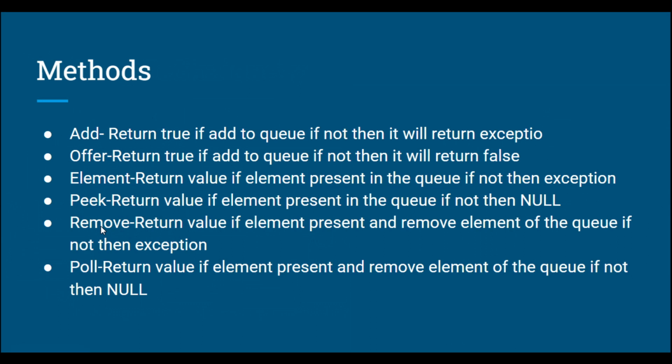And if it is not present in the queue and you are using the remove method, it will give an exception. With poll, if the element is present in the queue, it will get the element and remove it from the queue. And if the element is not present in the queue but you are using the poll method, it will return a null value.